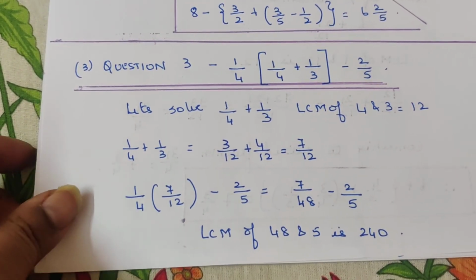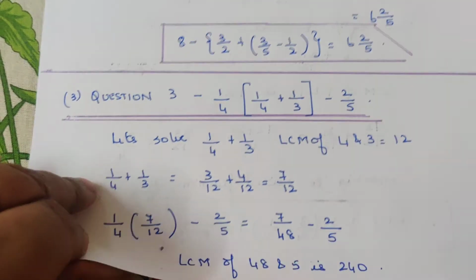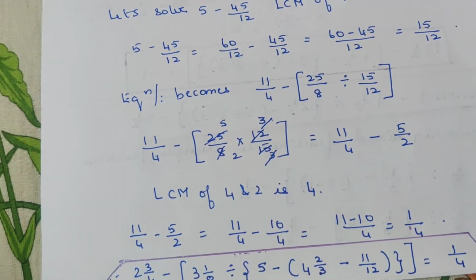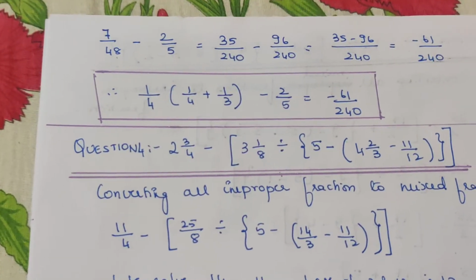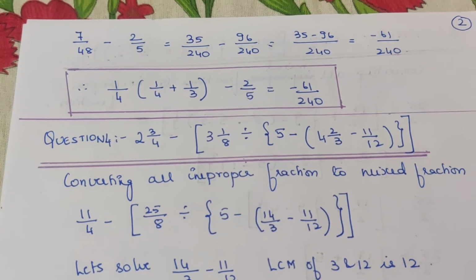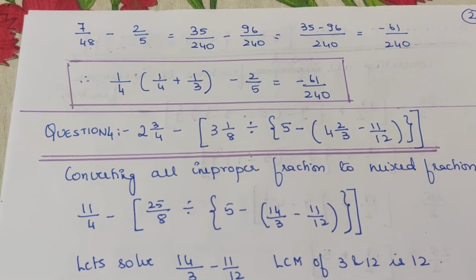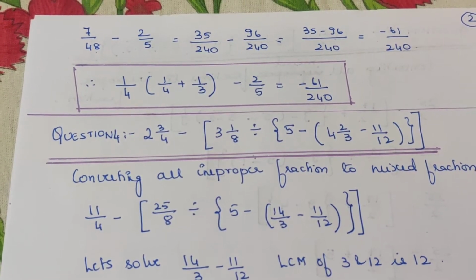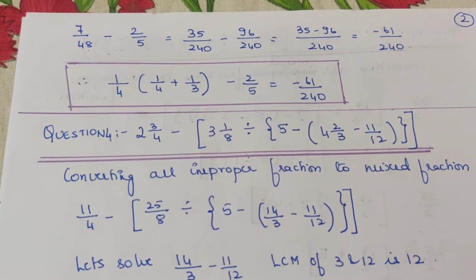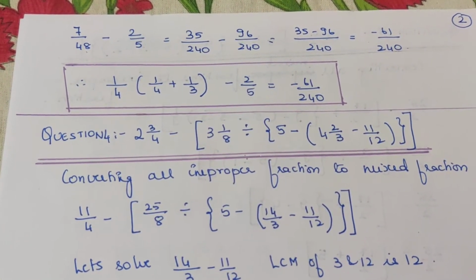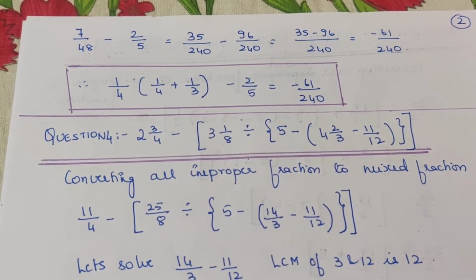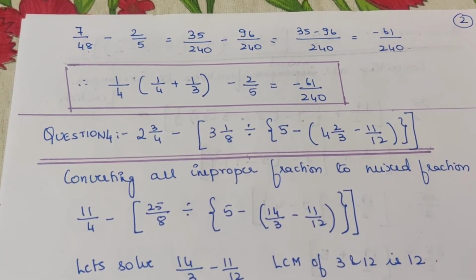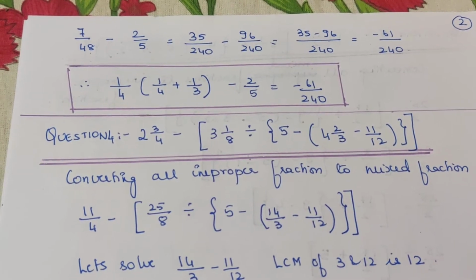LCM of 48 and 5 is 240. Therefore, the equation becomes 7 by 48 minus 2 by 5 is equal to 35 by 240 minus 96 by 240. That is equal to 35 minus 96 by 240, which in turn gives you minus 61 by 240.